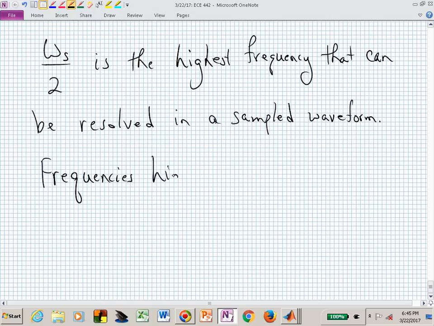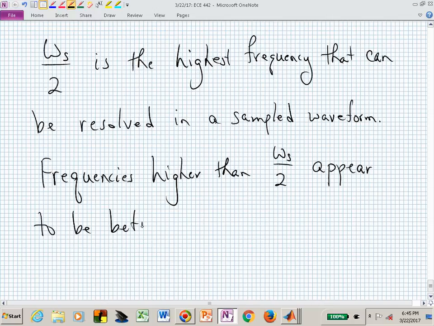Frequencies higher than omega sub s over 2, if I actually had some, would actually appear to be between DC or 0 and that frequency, omega sub s over 2.